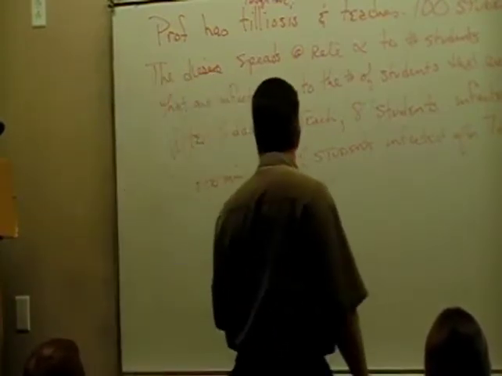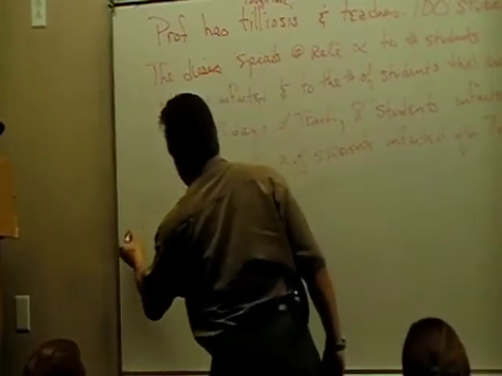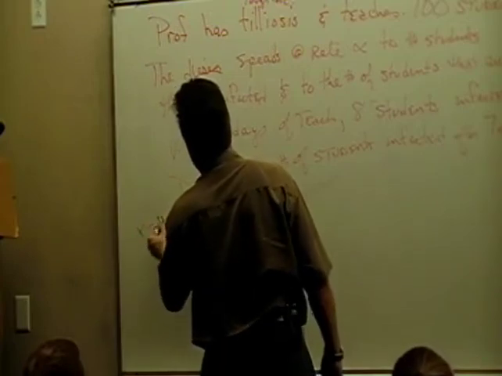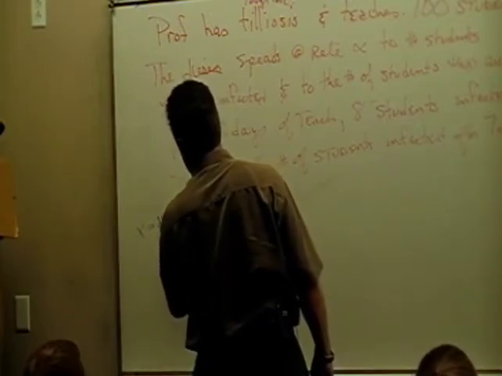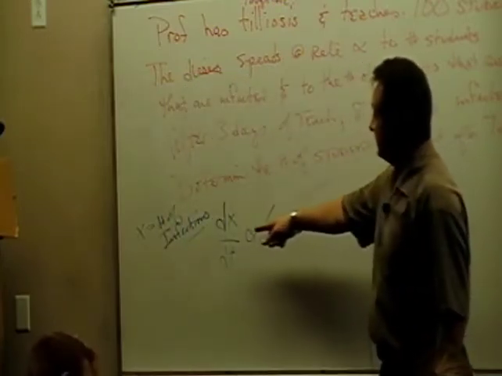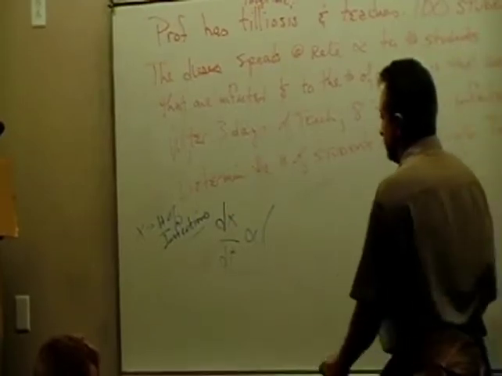What does this mean? Let x be the number of infections. The rate in which the disease spreads, the rate of change in the number of infections with respect to time, is proportional to the number of students that are infected.